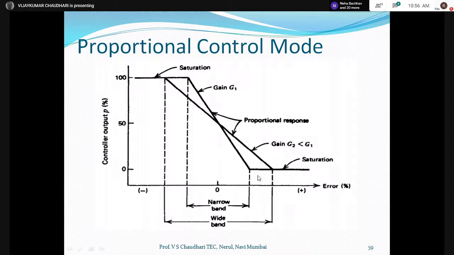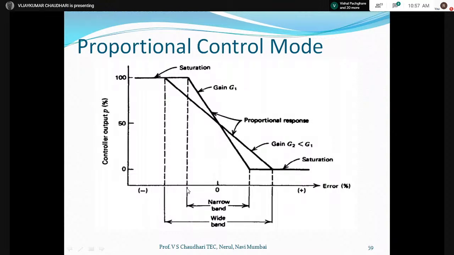So as the gain increases, the controller output will be more. For this one the output is here, whereas for the same error the output is more. So for this much value of error, if the gain is G2, the output will be this much, whereas for the same error, if the gain is increased to G1, then the output will be 100%.